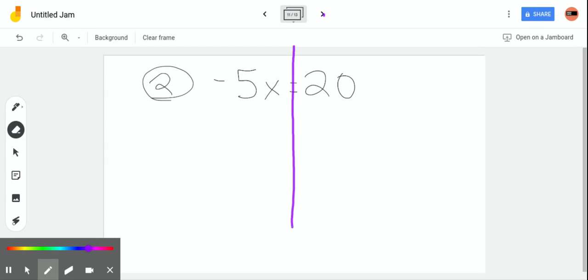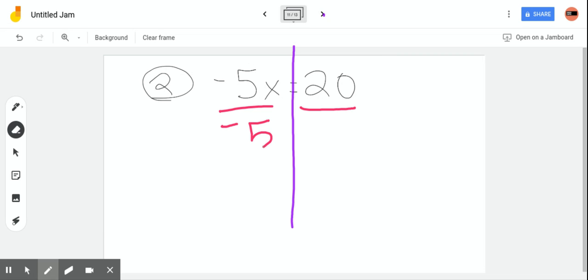So if x is being multiplied by -5, we got to do the opposite operation. What's the opposite of multiplying? Divide. X is being multiplied by -5, so we need to divide by -5. You say, well, why would we not divide by +5?